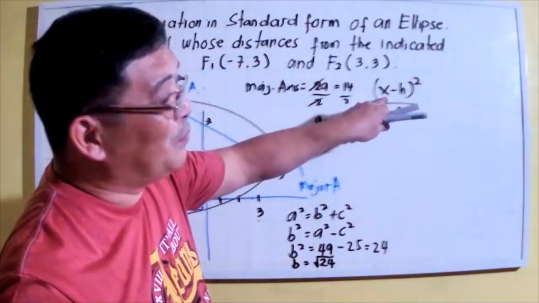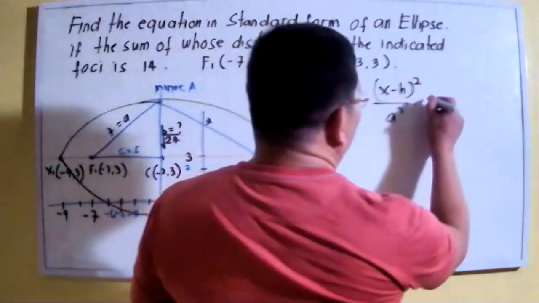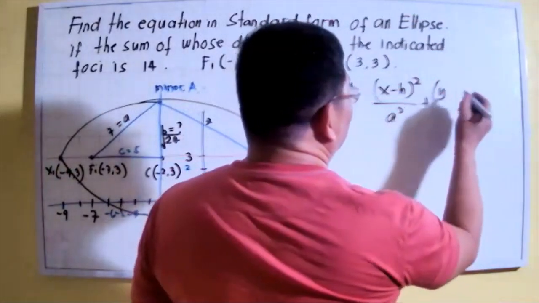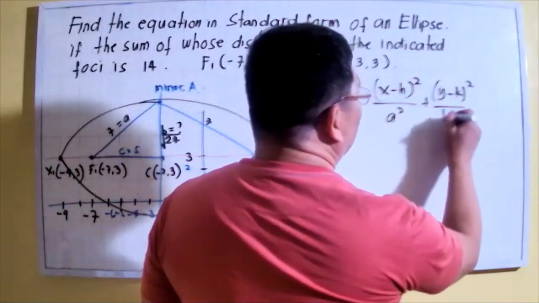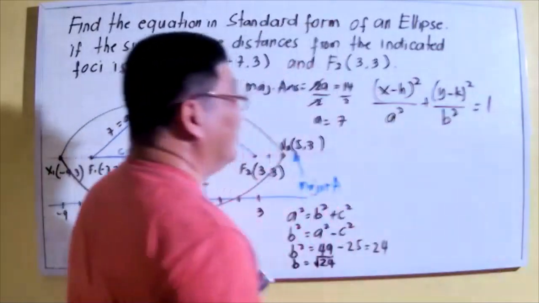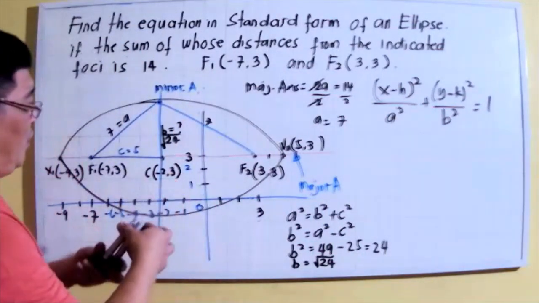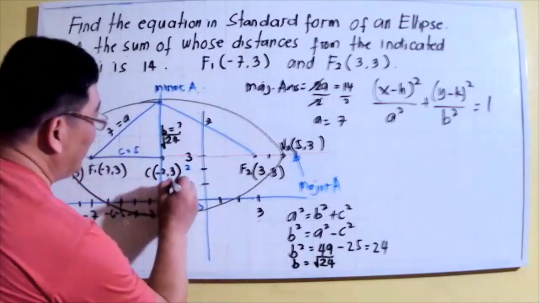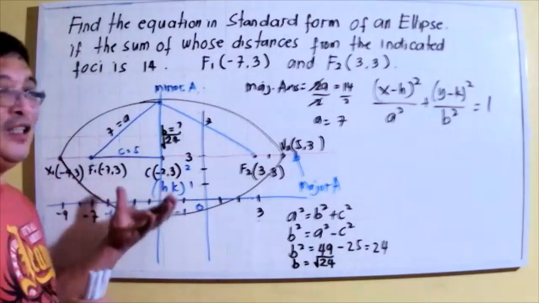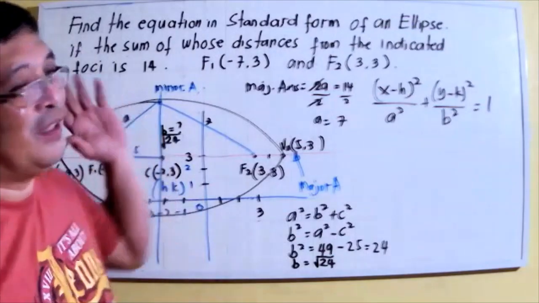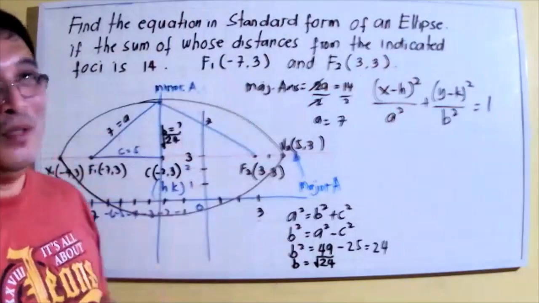That's where the major axis is. When the major axis is horizontal, a square is under the x term. And the minor axis is on the y term, parallel to the y-axis, over b square is equal to 1. Now let's substitute. Being the center is h, k, h is equal to -2. The negative 2 in the rectangular coordinate system, when it comes to the equation, we change the sign. This will become positive in the equation.